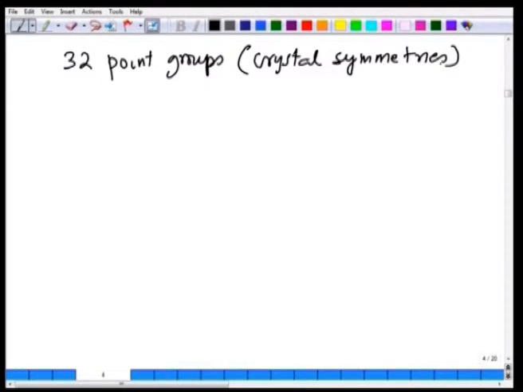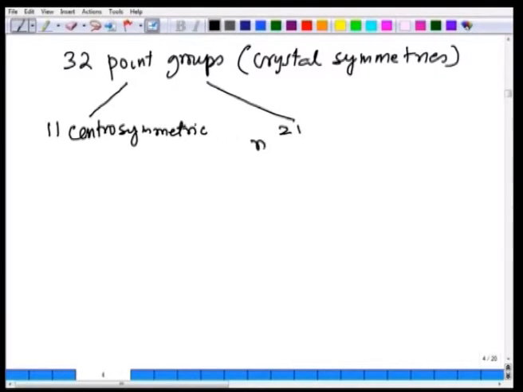Out of these, 11 are centrosymmetric. For example, a cubic crystal is centrosymmetric. There is a center about which there is a complete symmetry. 21 of course then are non-centrosymmetric.